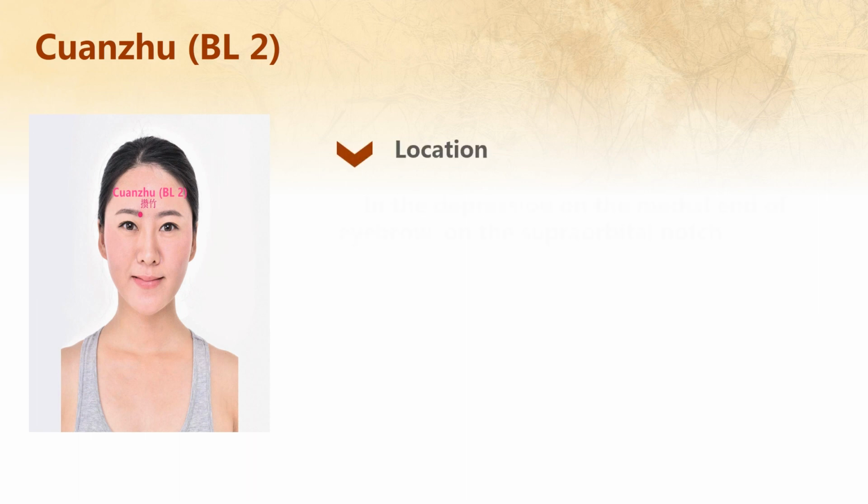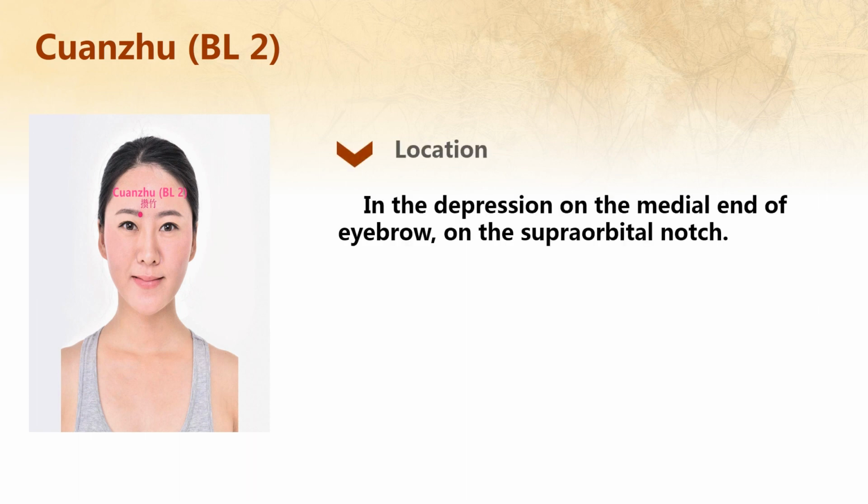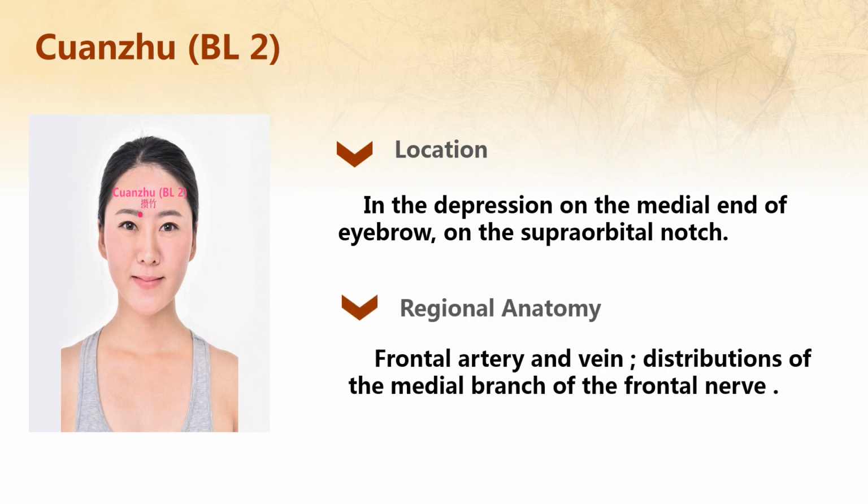The second point is Cuanzhu. The acupoint is located in the depression on the medial end of the eyebrow, on the supraorbital notch. The location of this acupoint contains the frontal artery and vein. Distribution of the medial branch of the frontal nerve.